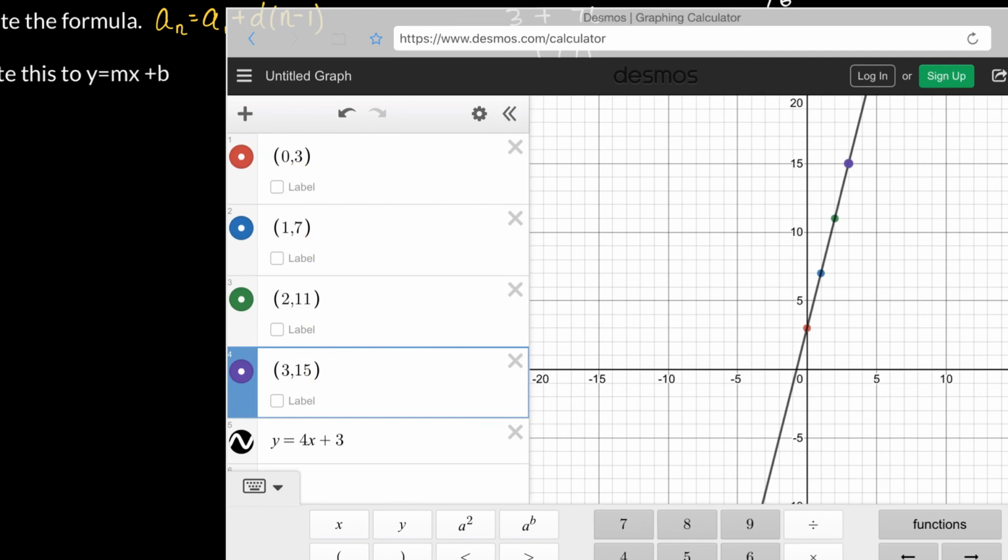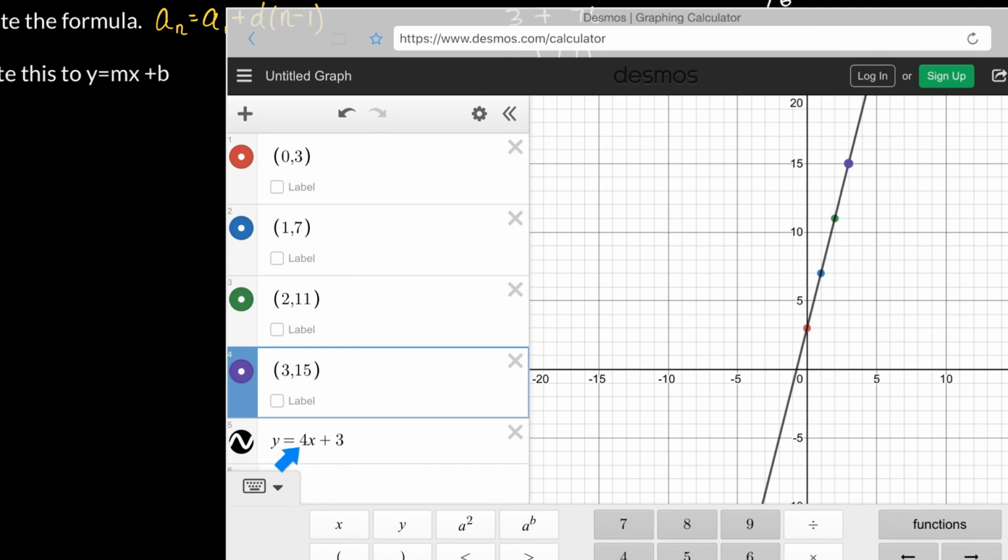So now I have these points. The first point right here is 0, 3, then 1, 7 right there, 2, 11 right there, and 3, 15 right there. And they all end up on this line, denoted by that black line right there: y equals 4x plus 3.